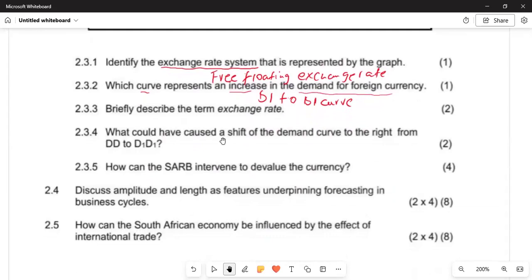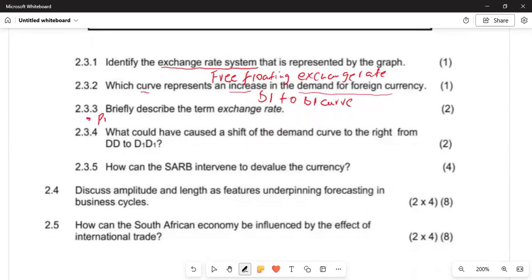2.3.3 Briefly describe the term exchange rate. Briefly give a definition of exchange rate. Exchange rate means the price of one currency in terms of another.